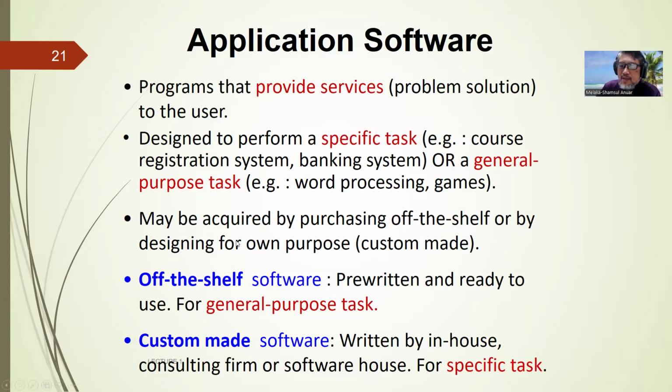A lot of this software you have to pay for, such as Microsoft Office. But some are free, and usually the free ones are called open source software. Then we have off-the-shelf software, pre-written and ready for use, usually for general purpose.